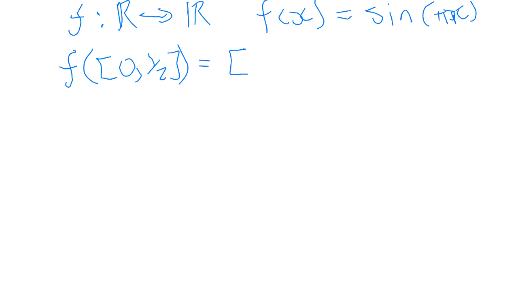Maybe a hint: it starts at 0. So if we're mapping from 0 to a half, what's the end result we're going to get? 0 to what? Using sine. Is it the sine of a half? 0.5?